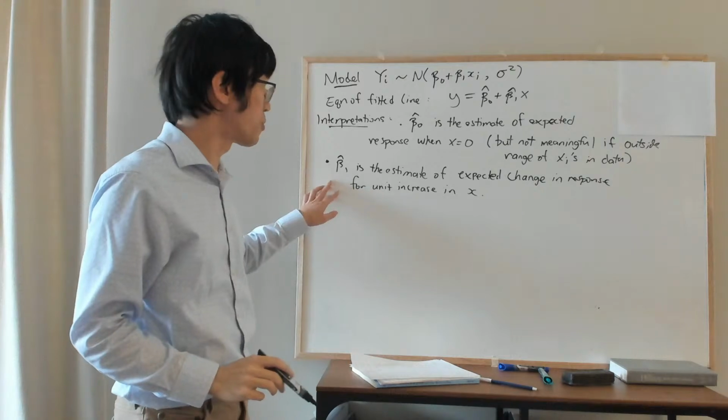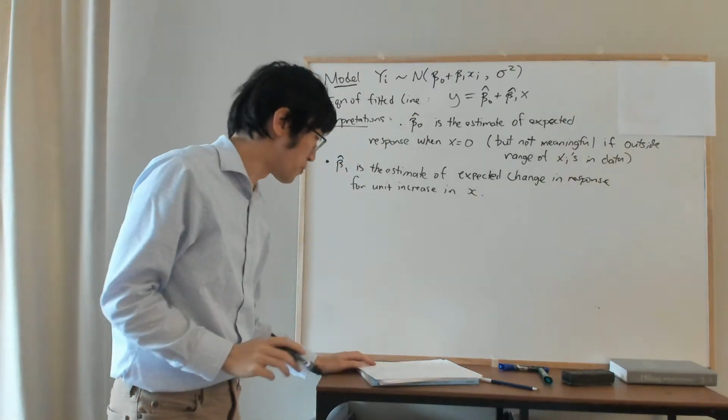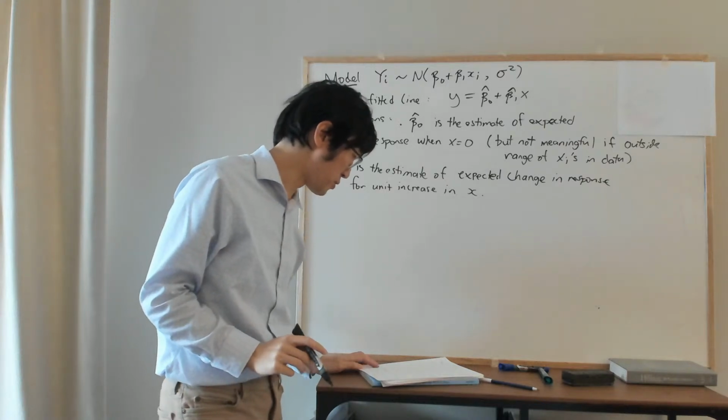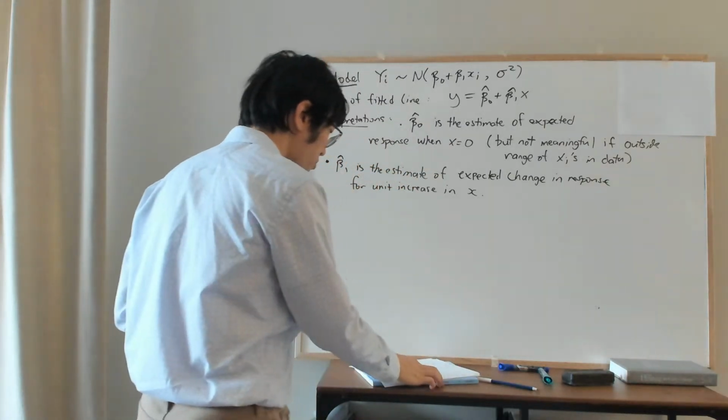That we can get from what we know about equations of lines. So that's the interpretation of the slope parameter beta 1 hat.